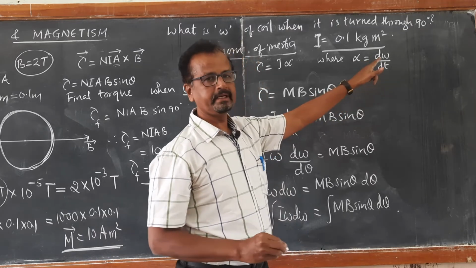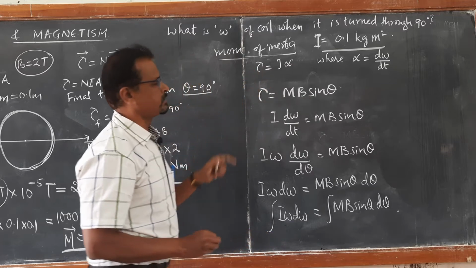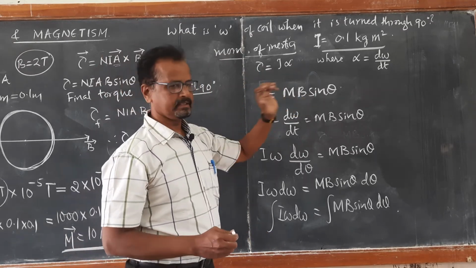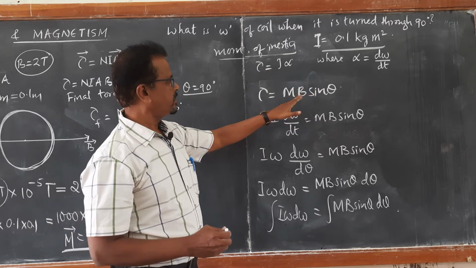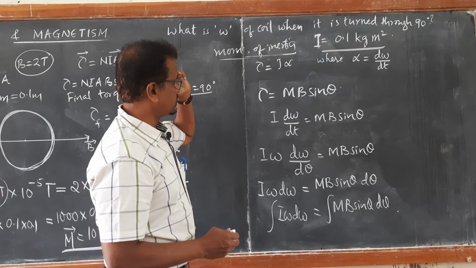Torque due to magnetic moment we know is mB sin theta, where m is NIA and B is the external magnetic field, theta is the angle of orientation.